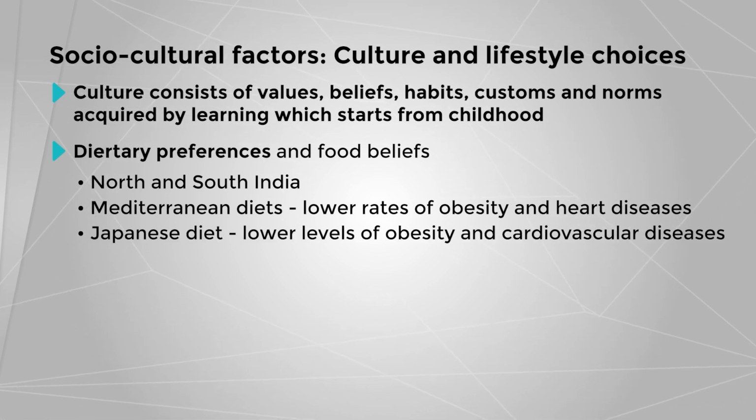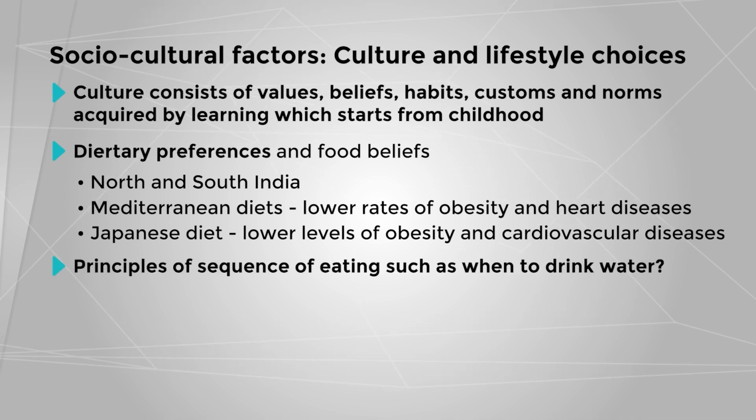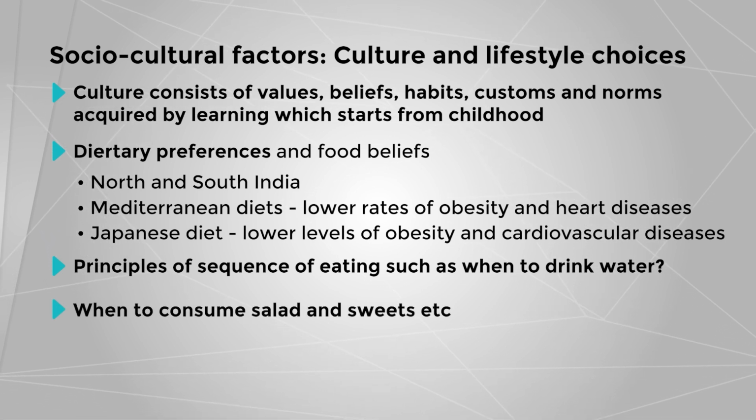Similarly, the Japanese diet consisting of seafood, fish, rice, soy products and green tea is also associated with lower levels of obesity and cardiovascular diseases. Principles of sequence of eating, such as when to drink water, when to consume salad, sweets, etc., and timing of food, are also rooted in our culture.